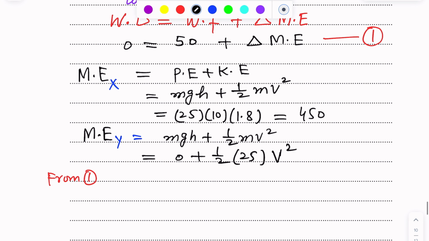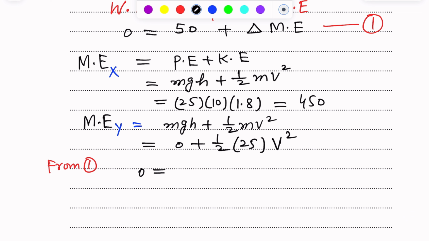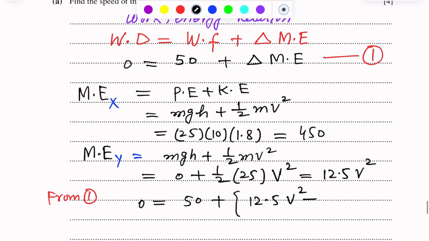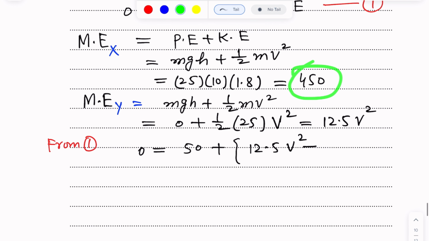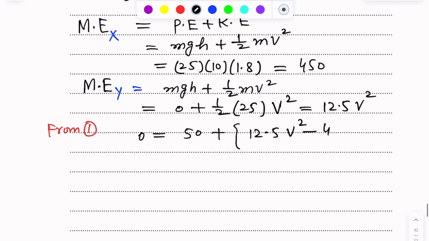Work done by driving force is 0, which is equal to 50 plus change in mechanical energy, final mechanical energy. Mechanical energy is this, we can write it as 12.5 v square. So the change is 12.5 v square minus mechanical energy at X, which is 450.